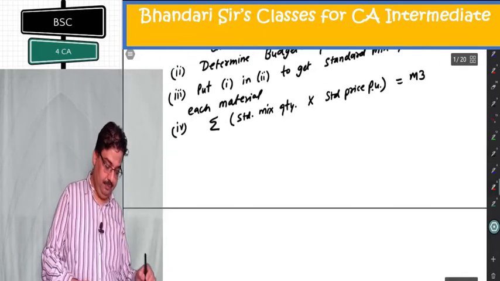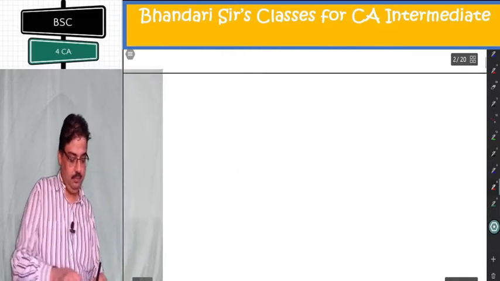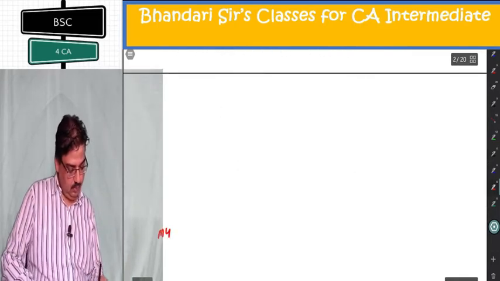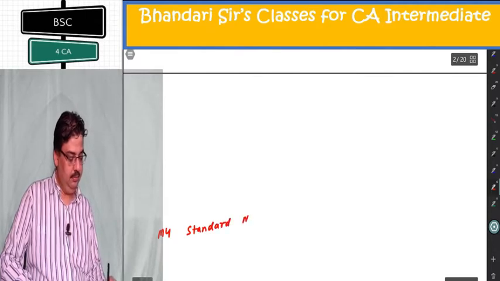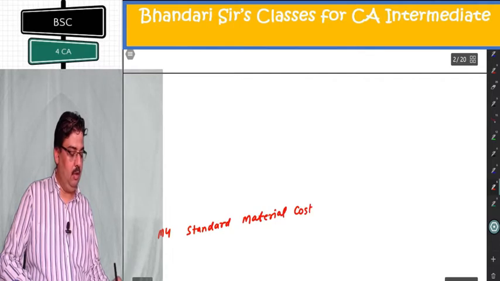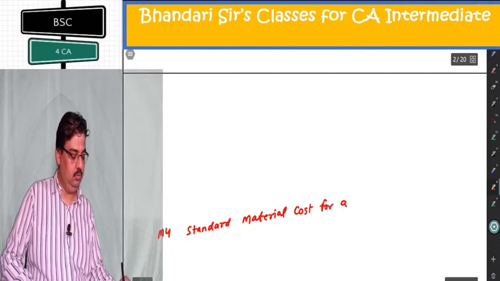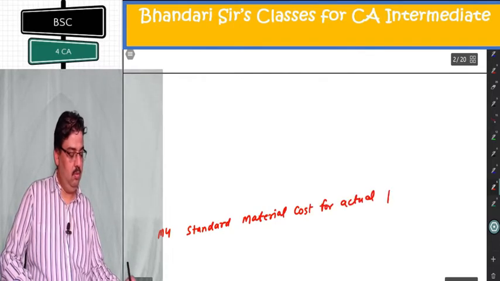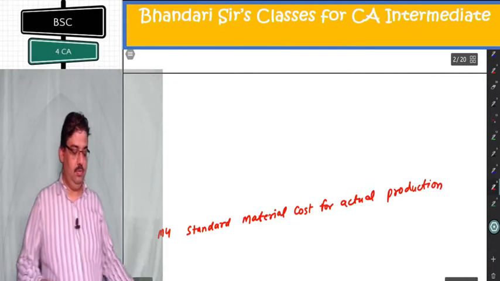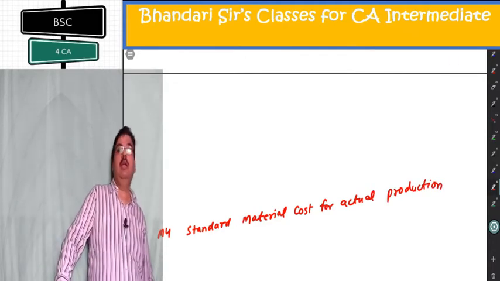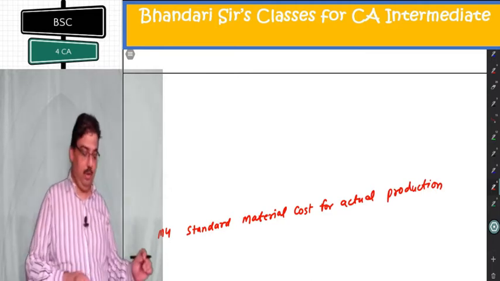M4. Standard material cost for actual production. Standard material cost for actual production.